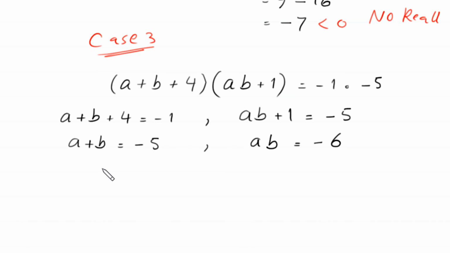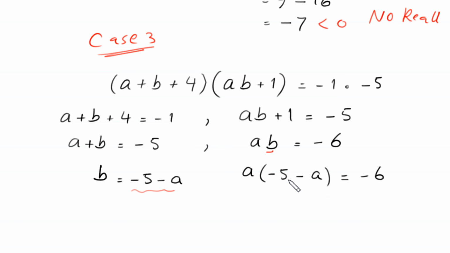From this equation, b will be equal to negative 5 minus a. So in this equation, we replace b with this value negative 5 minus a. So this will become a times negative 5 minus a is equal to negative 6.